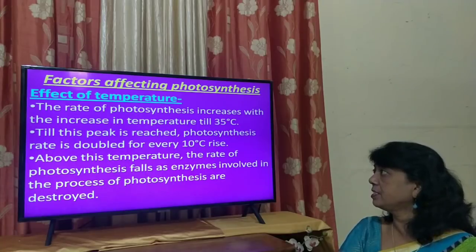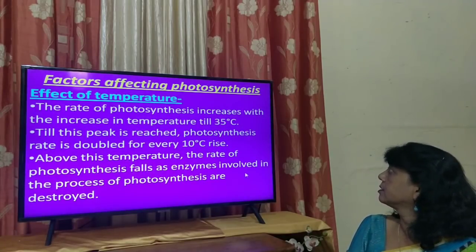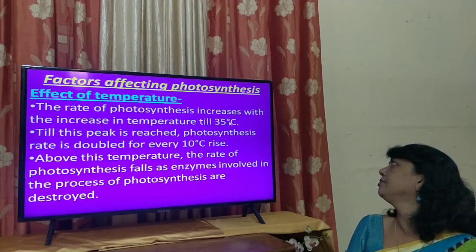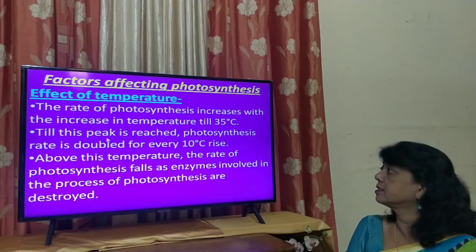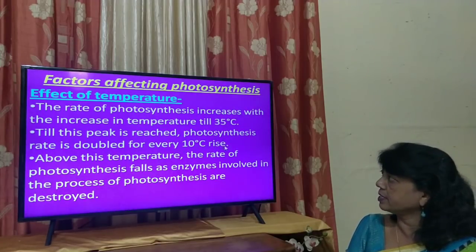Now, temperature. The rate of photosynthesis increases with the increase in temperature till 35 degrees Celsius. Till this peak is reached, the photosynthesis rate is doubled for every 10 degrees Celsius rise.